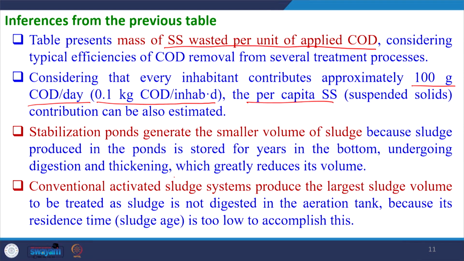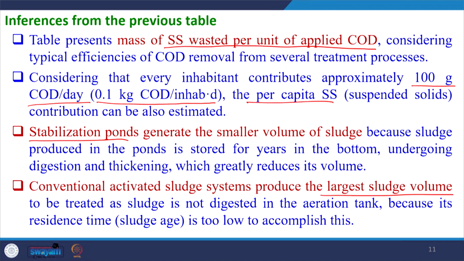Now, there are also some other conclusions. Stabilization ponds generate a smaller volume of sludge because the sludge produced in the pond is stored for years at the bottom and it undergoes digestion and thickening, which generally reduces its volume. Conventional activated sludge systems produce the largest sludge volume, and that has to be handled further.